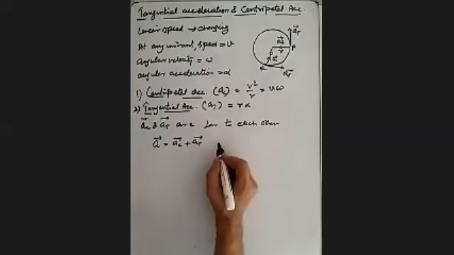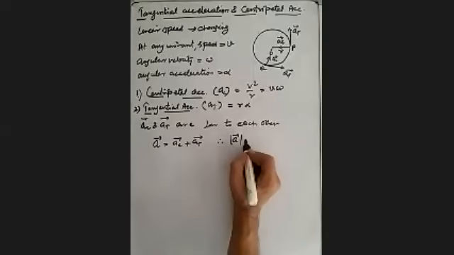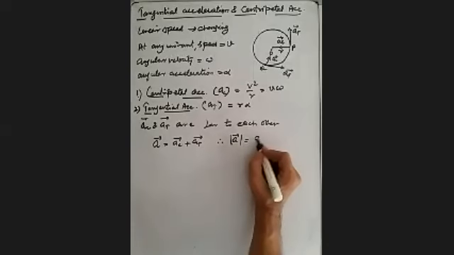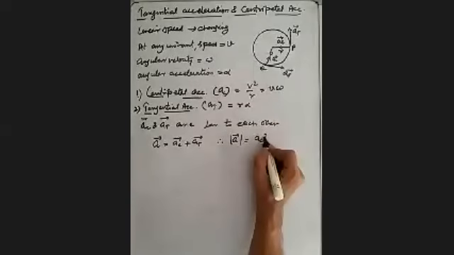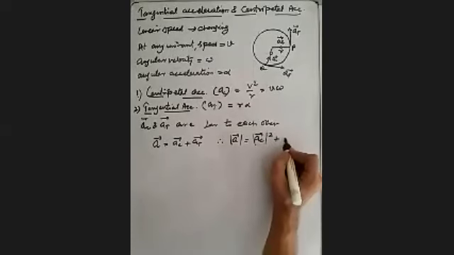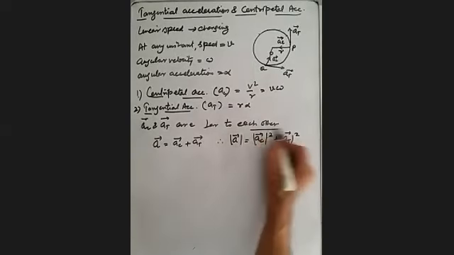And we know we can get the vector sum of the two by using the parallelogram law. The magnitude of A vector is given by the square root of AC magnitude squared plus AT magnitude squared.